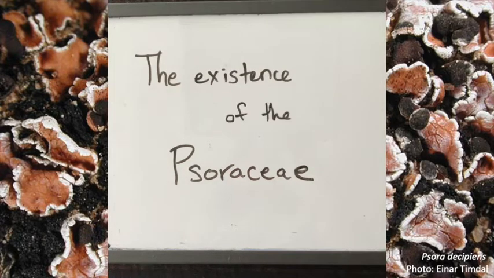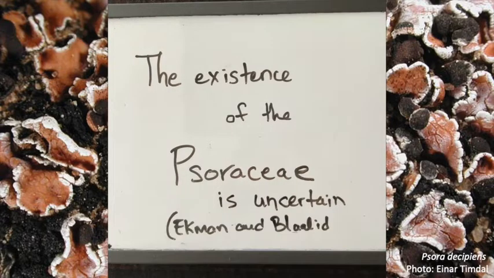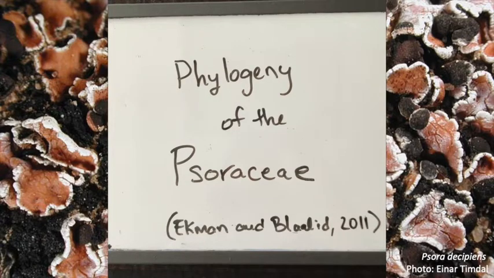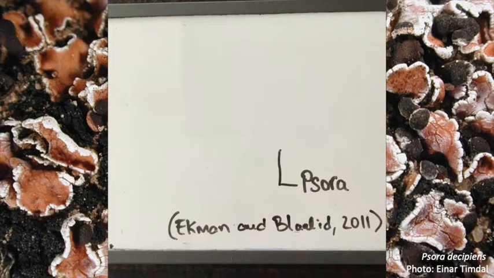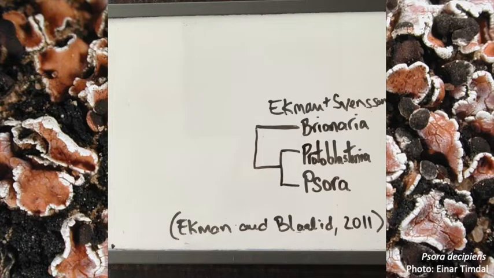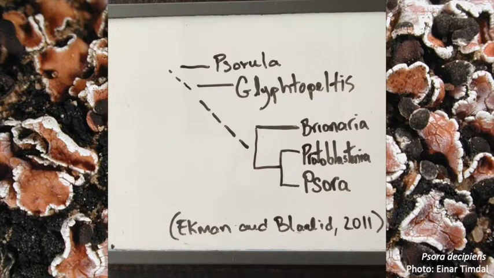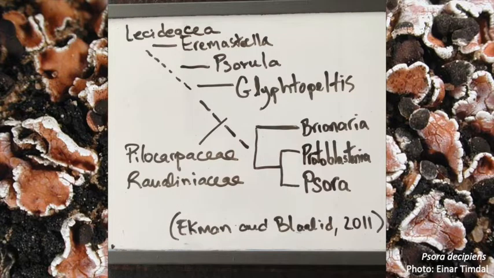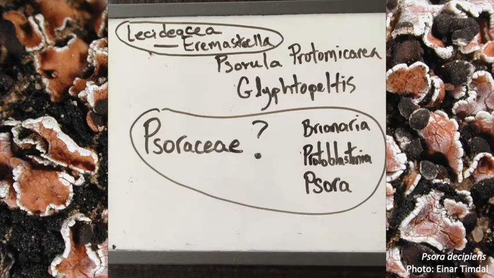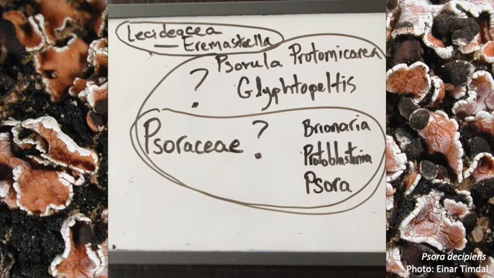In 2011, Ekman and Blahlied published a phylogeny of the family, investigating the circumscribed genera at the time, including Psora, Protoblastinea, Micaria, which was later changed by Ekman and Svensson to Bryennaria, also Glyphopeltis, Psorula, Eremastrella, and they included some species from other families, such as the Pilocarpiae and Ramalinaceae. So the question still remains, what is Psora, what isn't Psora?